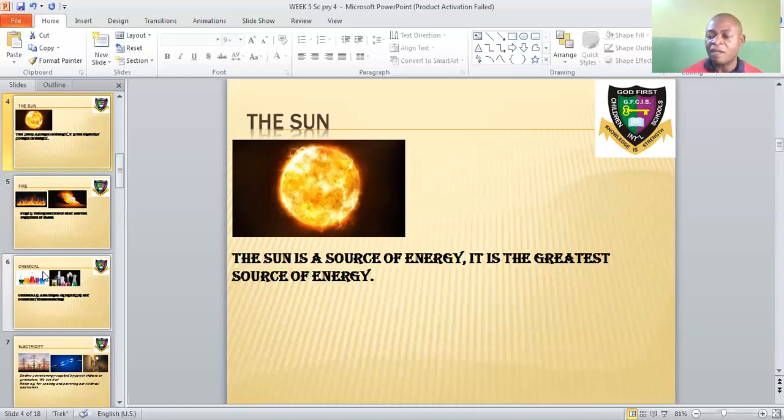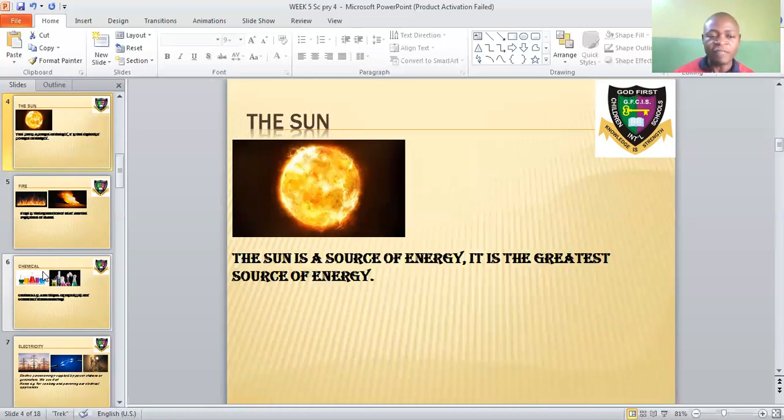It brightens the earth, and the earth receives its warmth and light from the sun. The greatest source of heat, like I've said, comes directly from the sun. So that is the picture of the sun. And don't forget that the greatest source of light comes directly from the sun.